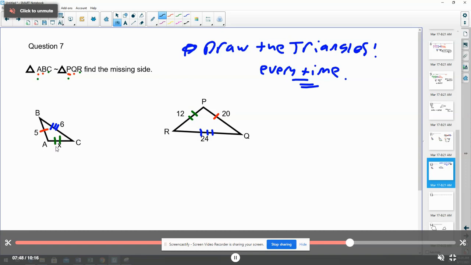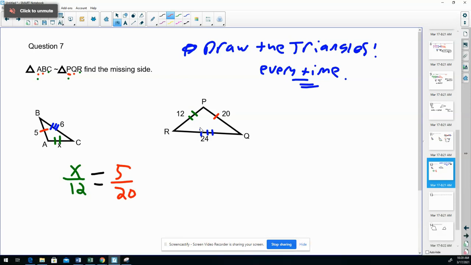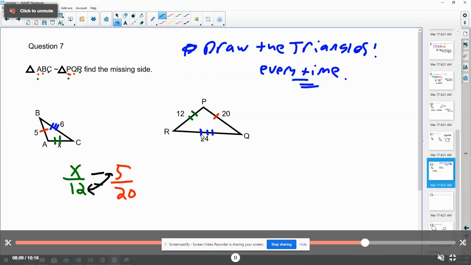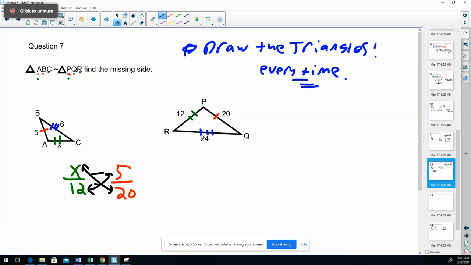Okay, so now I have to use the lines with x in it. So that's going to be x and 12. Equals. Now I can pick the red sides or the blue sides. Again, I'm picking red because red's my favorite color. But you could have used 6 over 24. Okay, cross multiply. We'll get 20x equals 60. Divide by 20. And x equals 3.